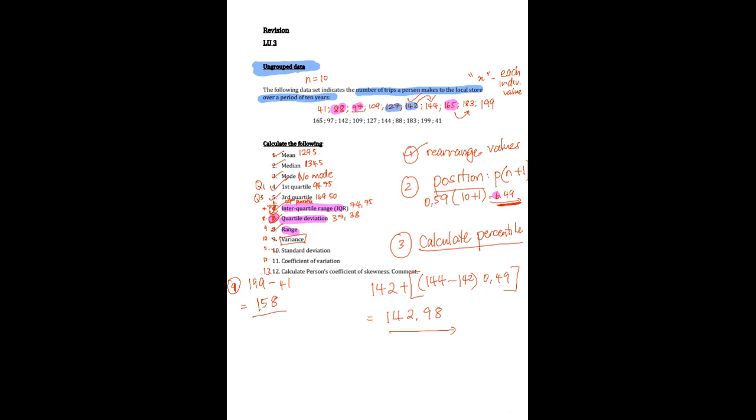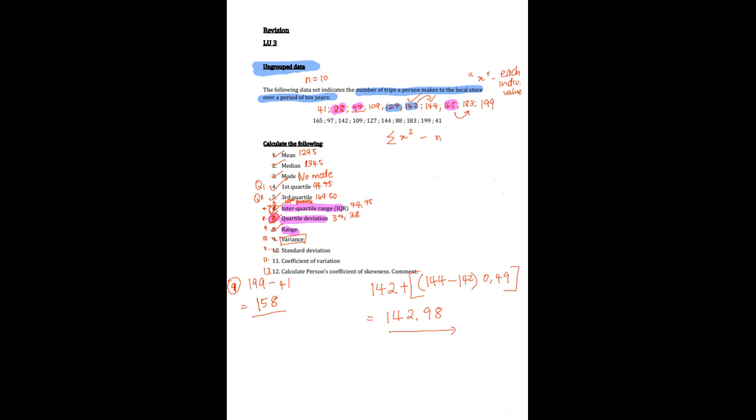Okay, so your variance, this is the formula that you're using. It's the sum of x squared minus n times your mean squared, over n minus 1.